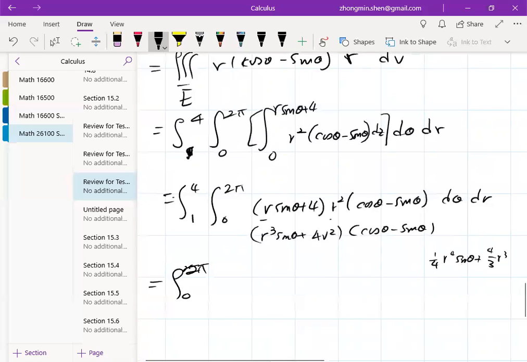So you will get 4 to the fourth power minus 1, times sine theta, plus 4 over 3 times 4 cubed minus 1, and this is multiplied by cosine theta minus sine theta, d theta.